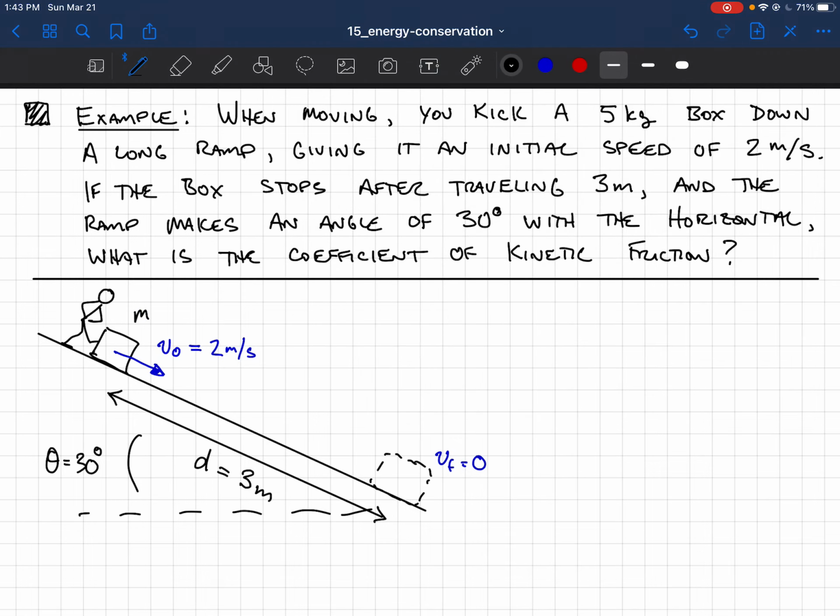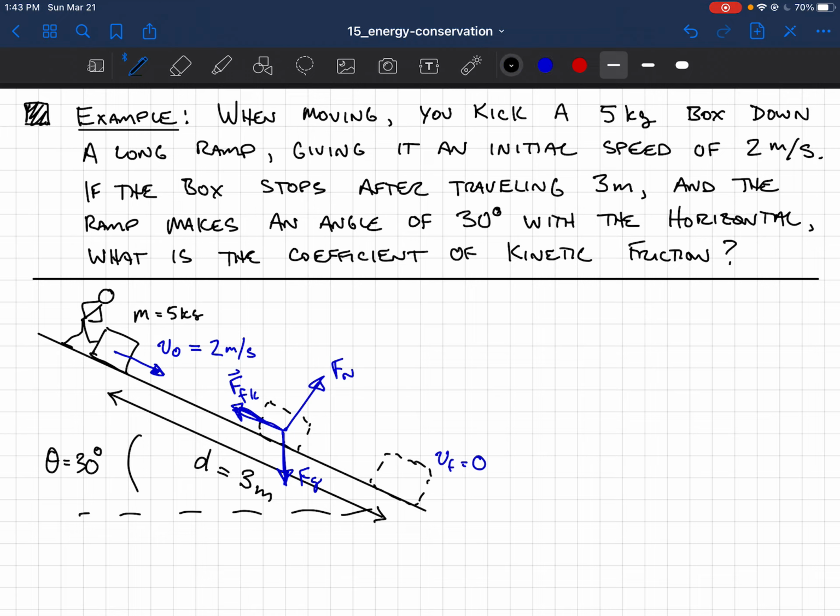We have a mass of 5 kilograms. And I guess that's it. So let's look at the box along its path and examine the forces that are acting on it, because we need to know that in terms of conservative forces versus non-conservative forces. So we're going to have the force of gravity, we're going to have a normal force, and we're going to have a frictional force. There must be a frictional force because that's the reason that it stops.